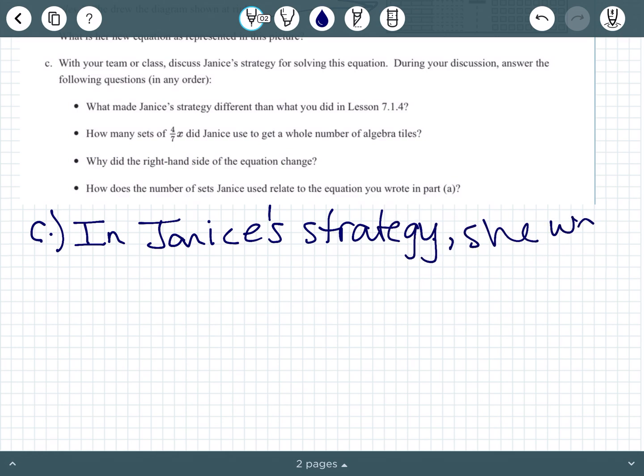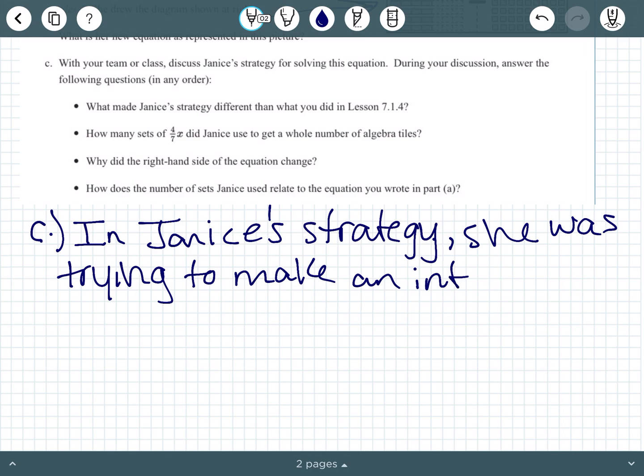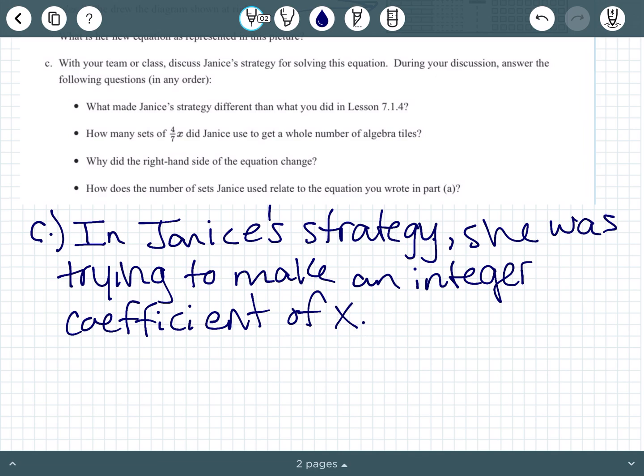she was trying to make an integer coefficient of x. Now remember, the coefficient is the number that comes before x.